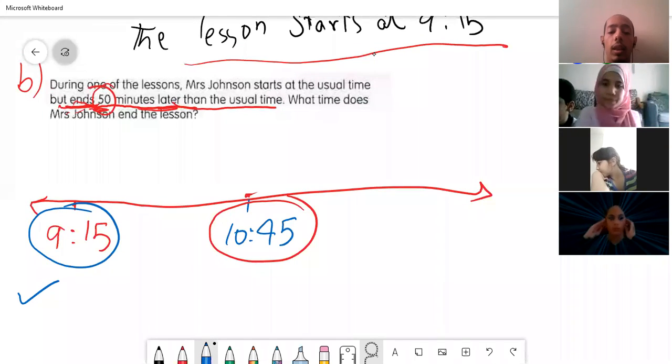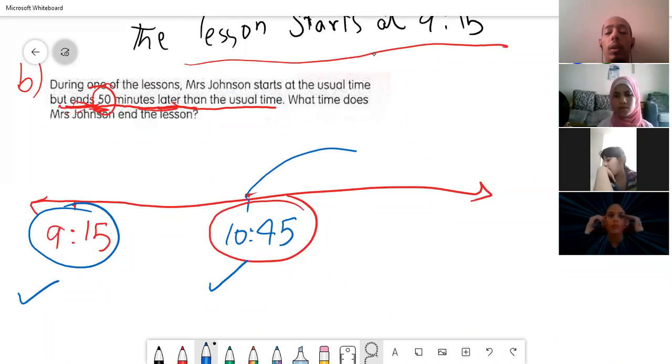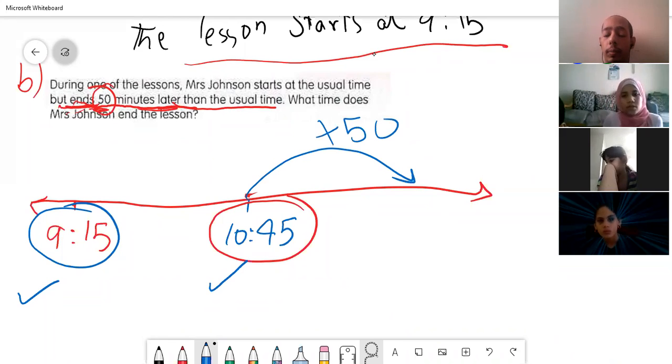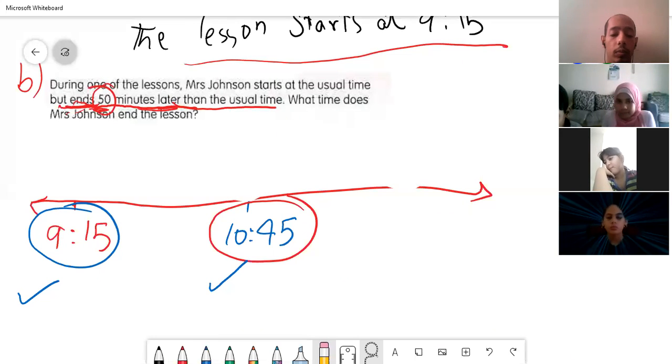Then instead of finishing at the usual time, which is 10:45, he was supposed to end the lesson at 10:45, but he ended it later than the usual time. This means we are going to add more minutes to find the end time for this lesson.